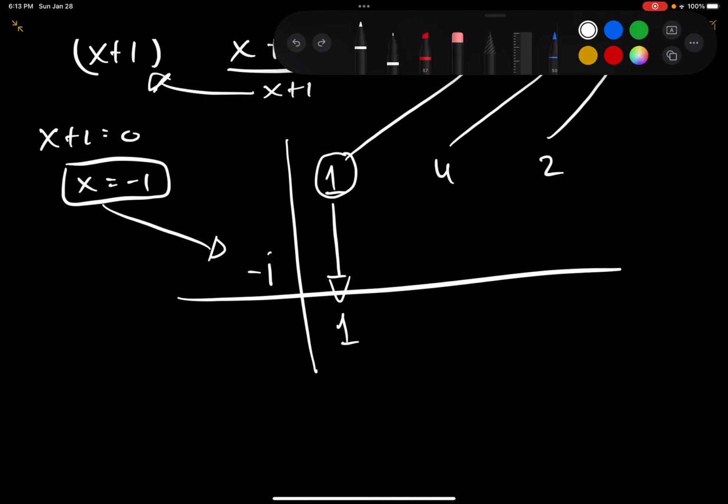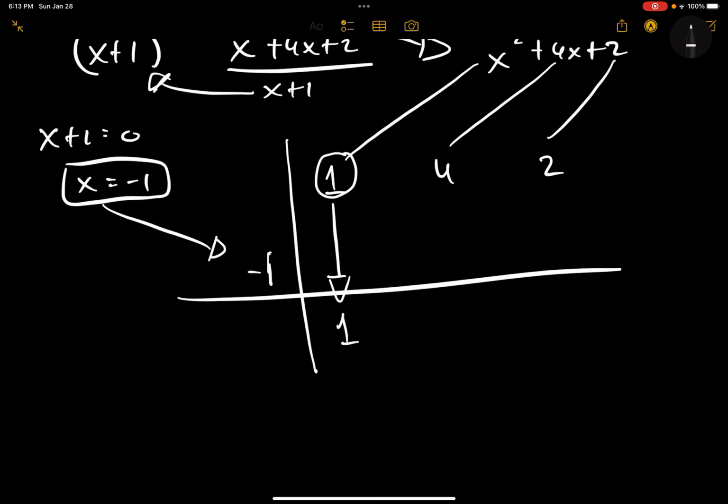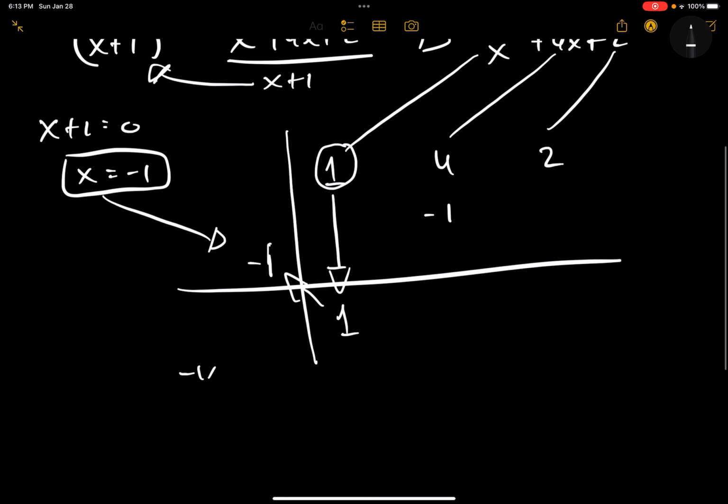Okay, and once we've done that, we have minus 1 times 1, which equals minus 1. Once we bring it down and multiply it by this, we get minus 1, and we bring that minus 1 here. And then we use addition.